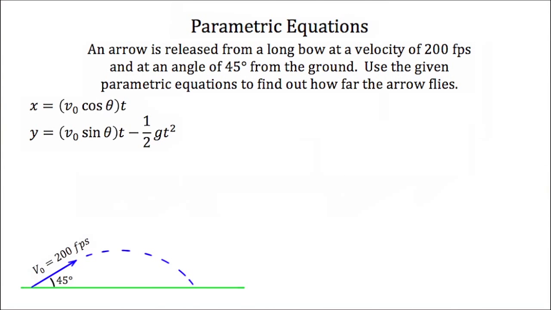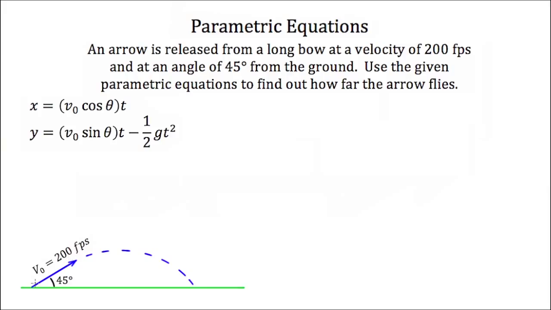Now a very common use for parametric equations is when we're trying to do problems involving projectile motion. Here we're told that an arrow is released from a longbow at a velocity of 200 feet per second and at an angle of 45 degrees from the ground. So use the given parametric equations to find out how far the arrow flies.